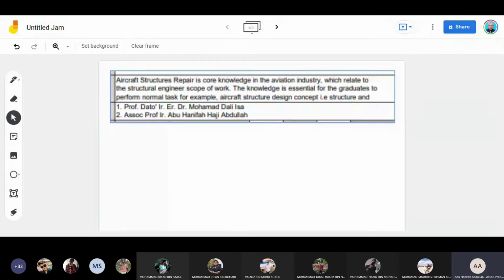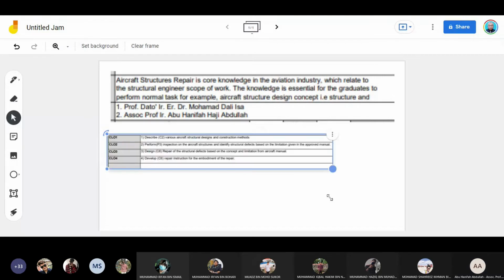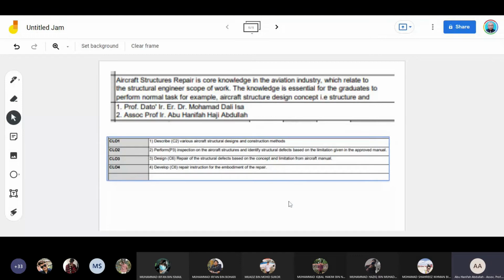Secondly, we look at the course learning objectives for the course. Maybe too small for you, I'll read for you. First, describe various aircraft structure design and construction methods.